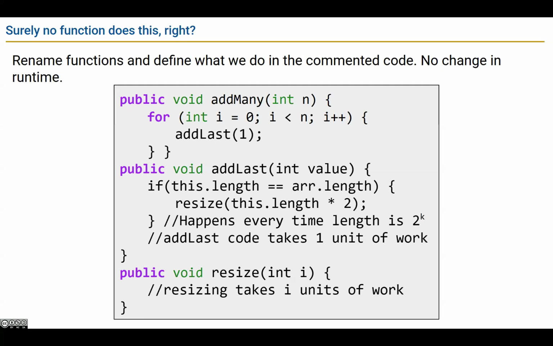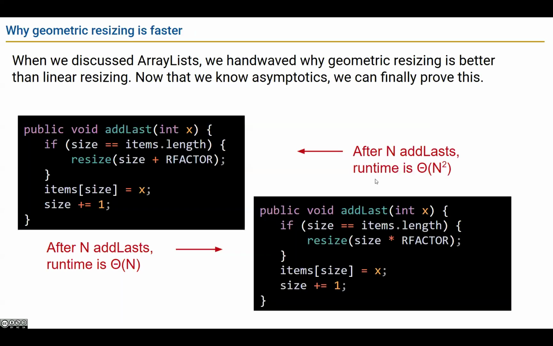Yeah, this looks like array list code, right? In fact, this is the exact same resizing array list code that we have, and it's specifically resizing with multiplicative resizing. So as it turns out, this is why that geometric resizing factor was better than the linear resizing.